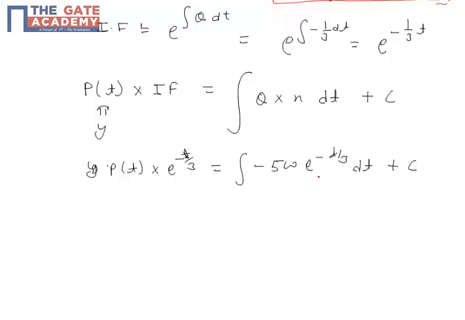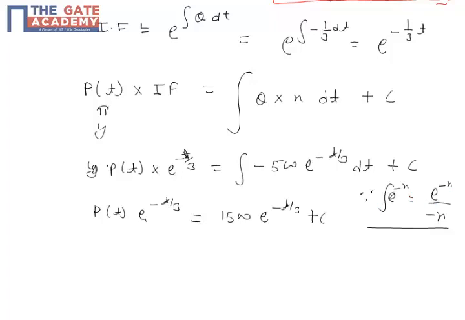The integral of e to the power minus x is minus e to the power minus x upon x. So directly I write p(t) e to the power minus t/3 equals 1500 e to the power minus t/3 plus c. The integration of e to the power minus x is minus e to the power minus x.